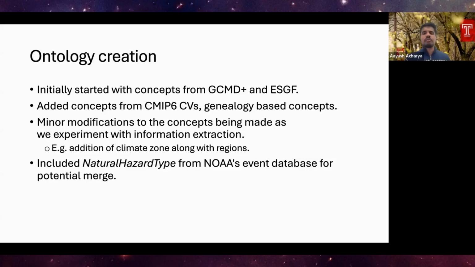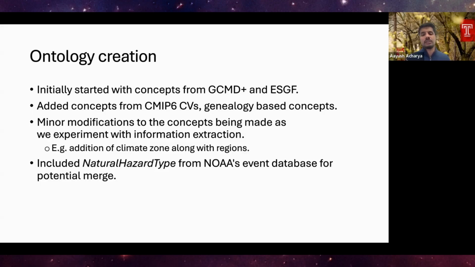Then we also have an information extraction pipeline, which we'll talk about later, and based on that we made minor modifications. We are learning along the way what kind of information is present in scientific publications.